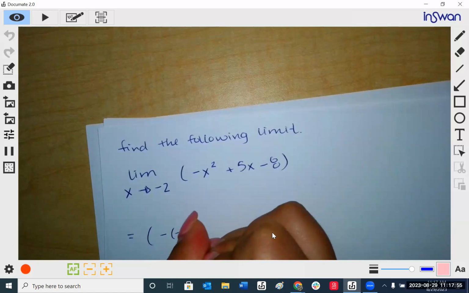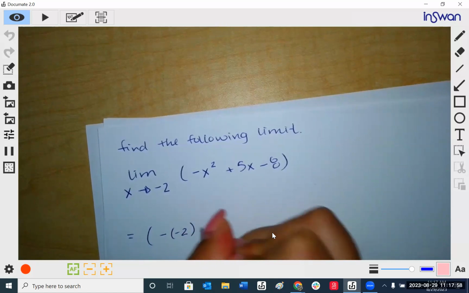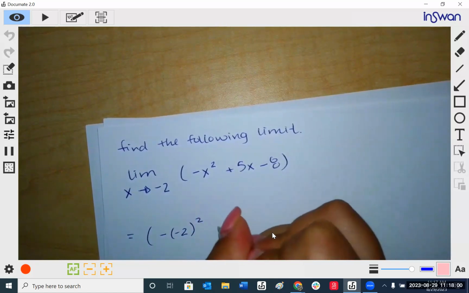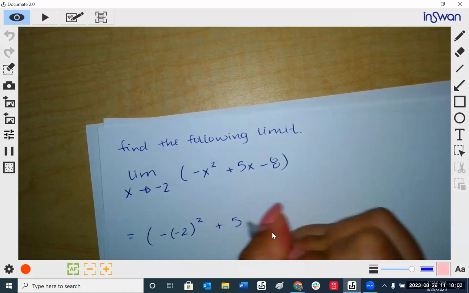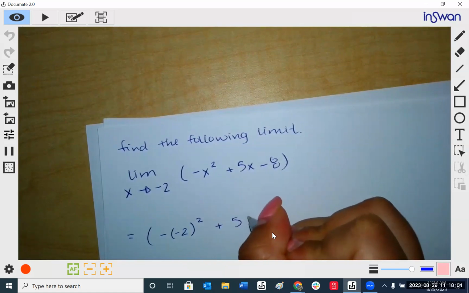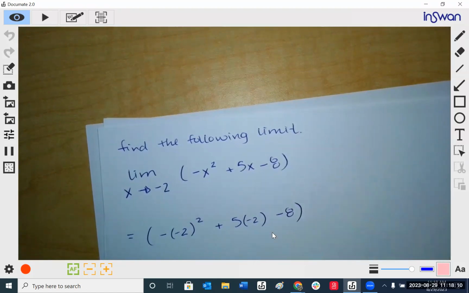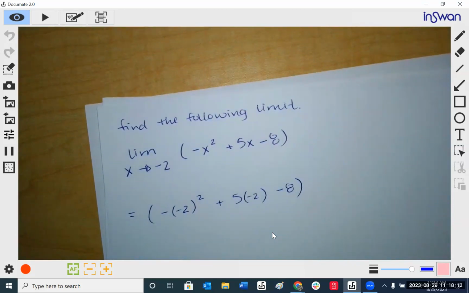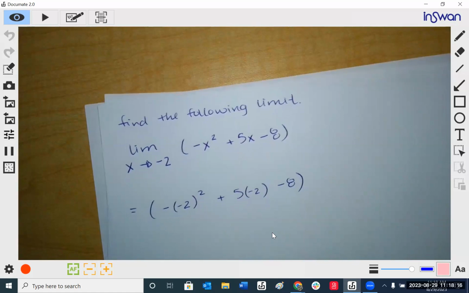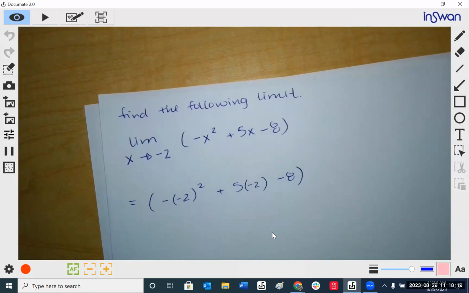So everybody see x. Open parentheses, -2. When you plug it in there, you don't need the outside parentheses, but that's okay. Now, order of operations, what do you do first?